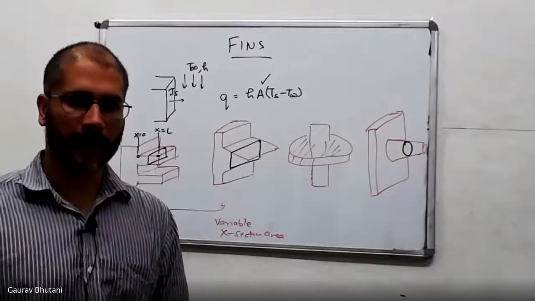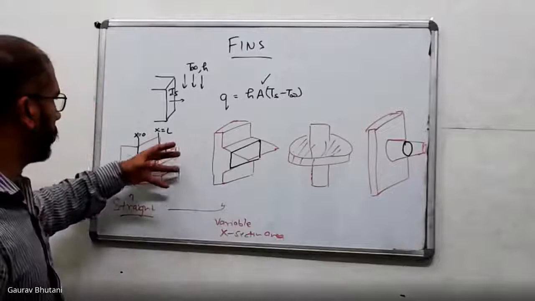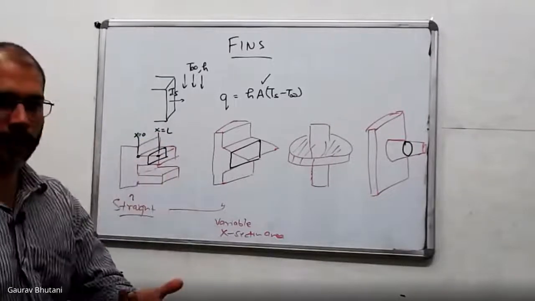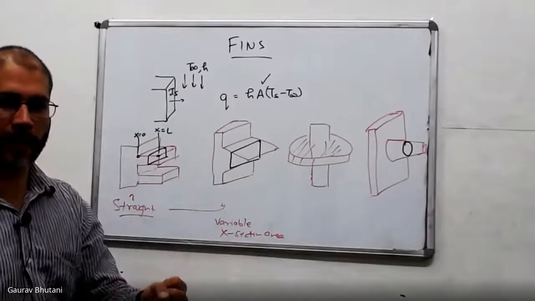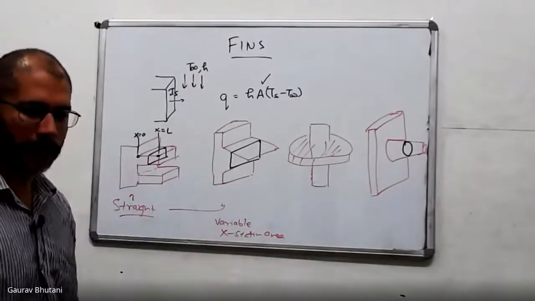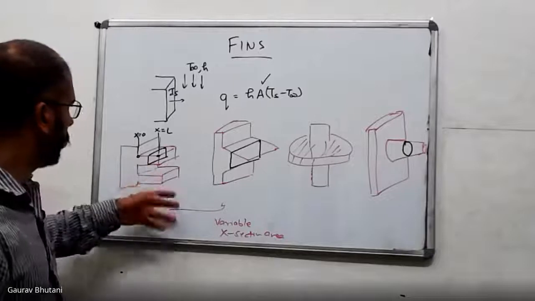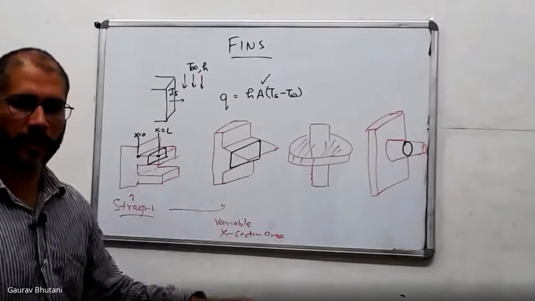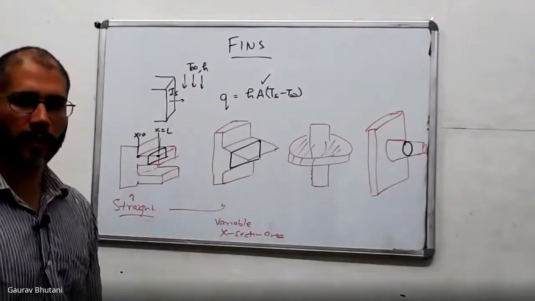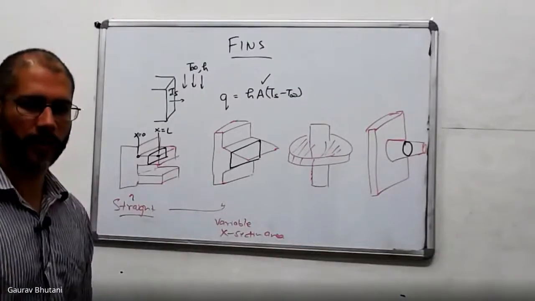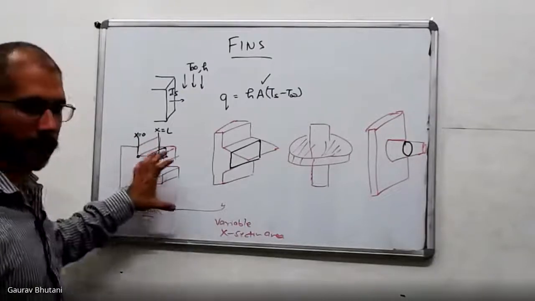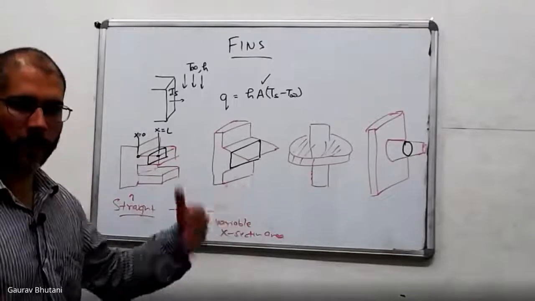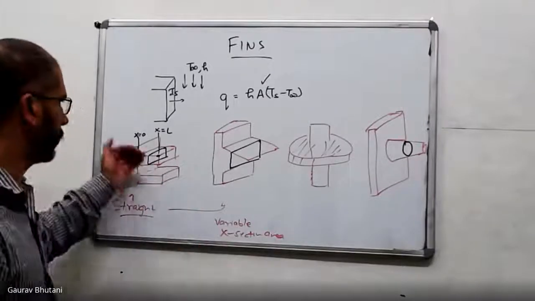Also, if you were using a pump or a fan to blow air or liquid over the surface, then when you put in a fin, to maintain the same velocity of flow you need more pump power, because the pressure drop has to be maintained and there is more resistance to flow now because of the fin surface jutting out.